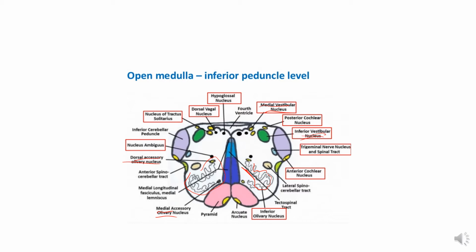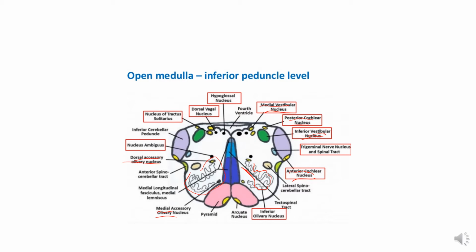There are two cochlear nuclei, the anterior cochlear nucleus and the posterior cochlear nucleus. The anterior cochlear nucleus is situated on the anterolateral aspect of the inferior cerebellar peduncle. This is the anterior cochlear nucleus, and this is the posterior cochlear nucleus.